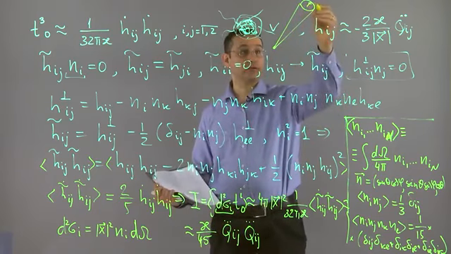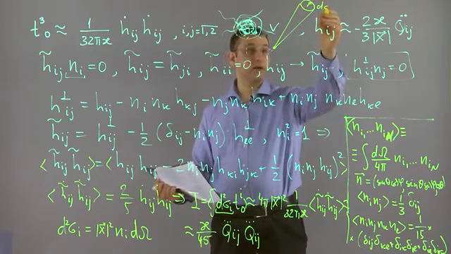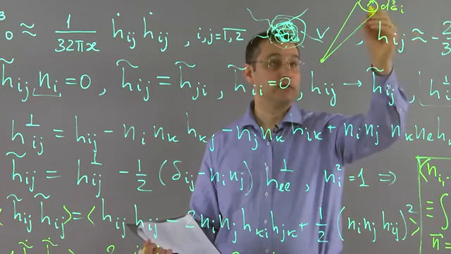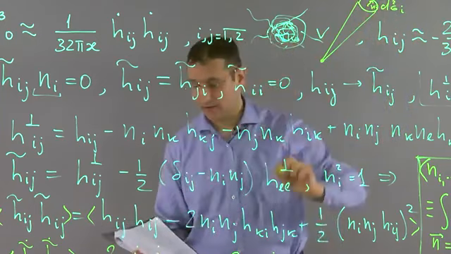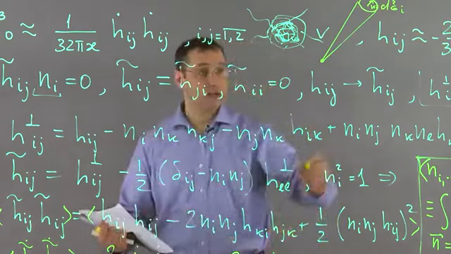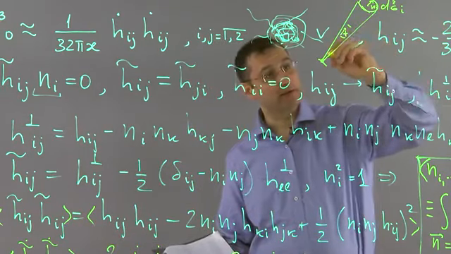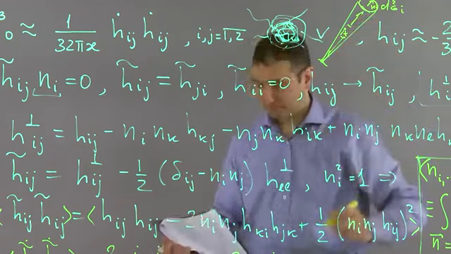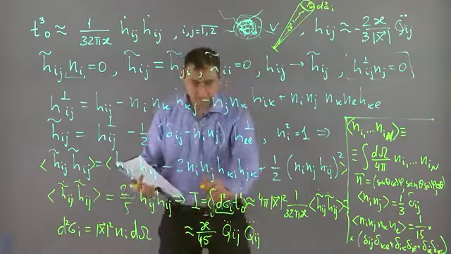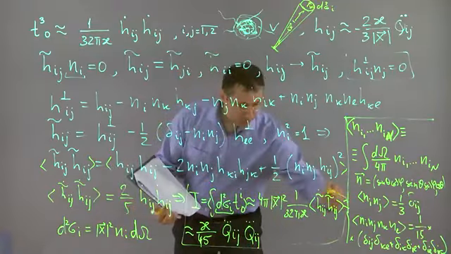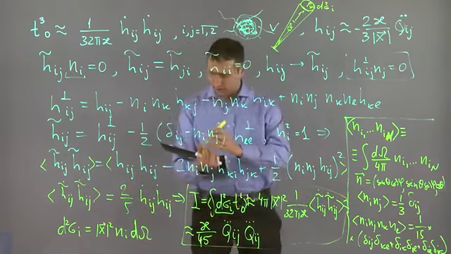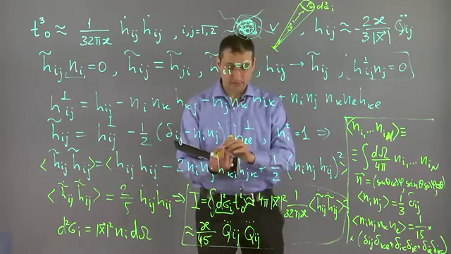This is d2 sigma I, this is ni, the unit vector in the direction of the radiation, and this is just modulus of x, the distance. So that's the formula we were going to obtain, and that's the formula we have obtained.